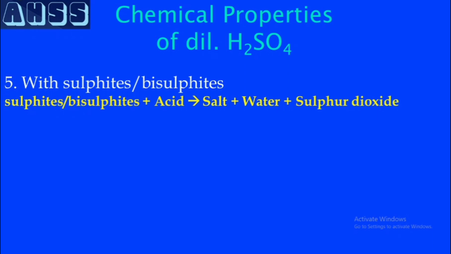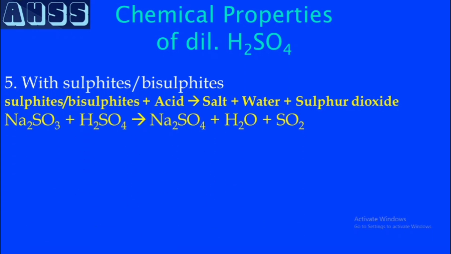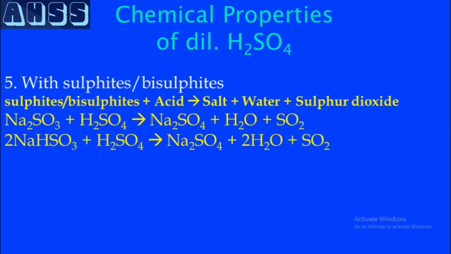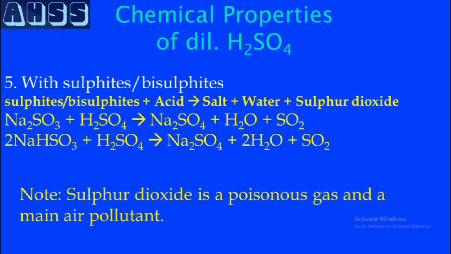Okay, from the typical smell you can identify sulfur dioxide gas. When sodium sulfide reacts with dilute sulfuric acid, then sodium sulfate, water, and sulfur dioxide gas is produced. When sodium bisulfite reacts with sulfuric acid, then sodium sulfate, water, and sulfur dioxide is produced.